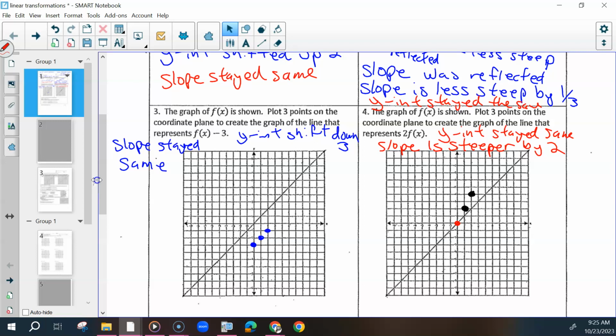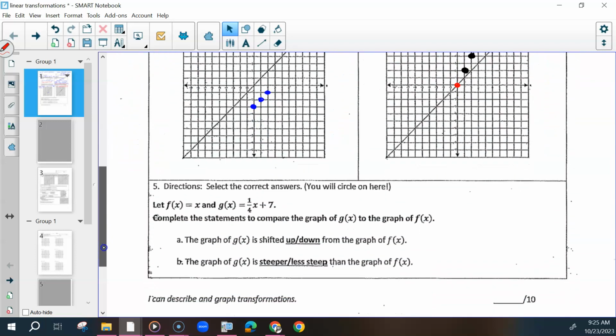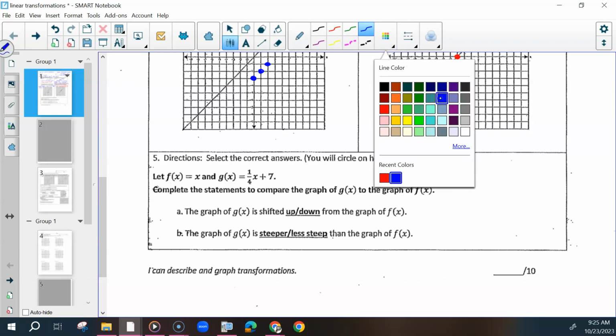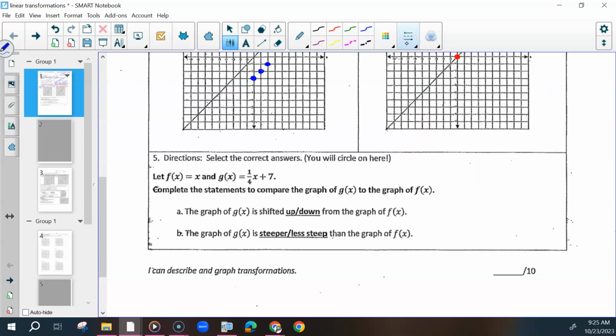Now we're going to look at this last one. And we have f of x equals x. That's your original. So if you want to put that or something that tells you this is the original, you don't have to do anything with that. And we have g of x equals 1/4 x plus 7. We need to think about what these words mean. Which one are they talking about, slope or y-intercept, and then apply it.